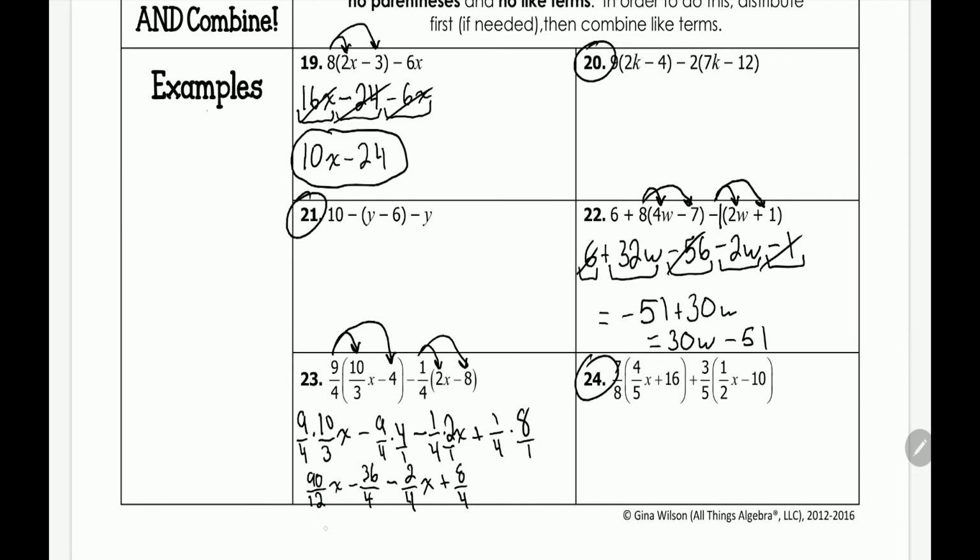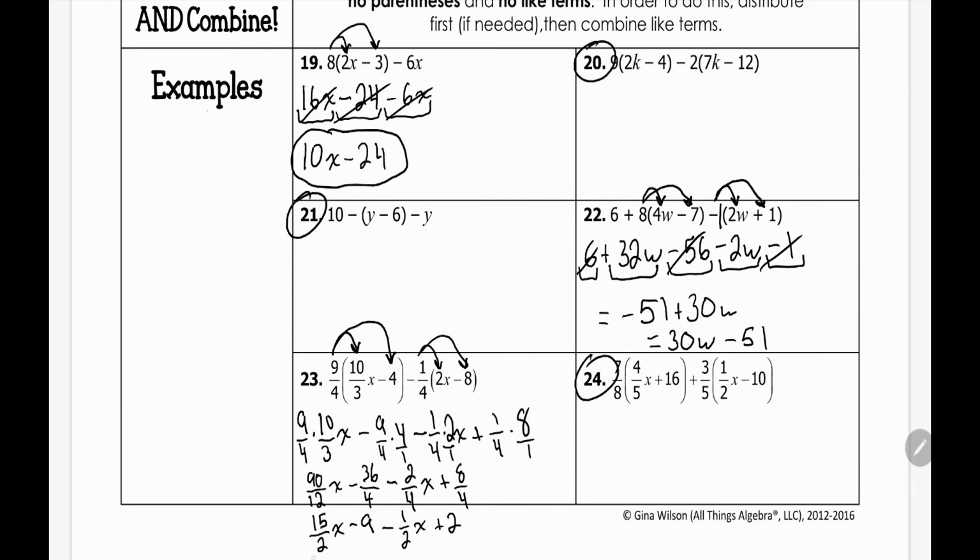So 90 over 12 can be reduced to 15 over 2x, and negative 36 over 4 can be reduced to negative 9. This one, which is negative 2/4, can be reduced to negative 1/2 x. And then 8/4 can be reduced to 2.